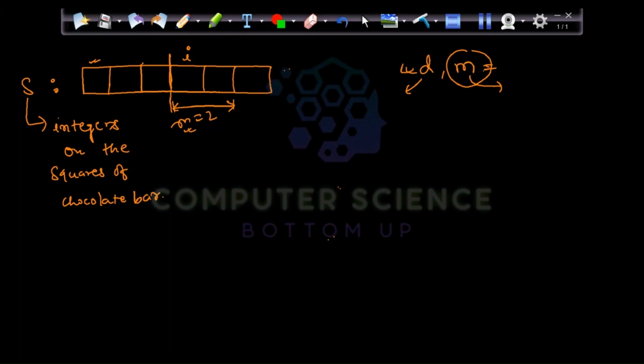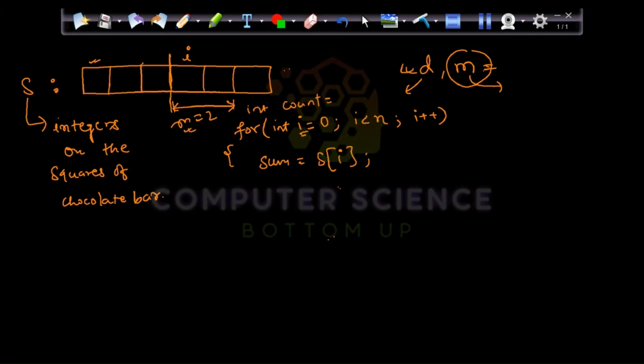Okay, so how my code would be like: for int i equal to 0, i less than n, where n is the size of the array, i plus plus. And for every i, first I will take int count equal to 0, because we have to calculate the number of ways we can find the contiguous segment.